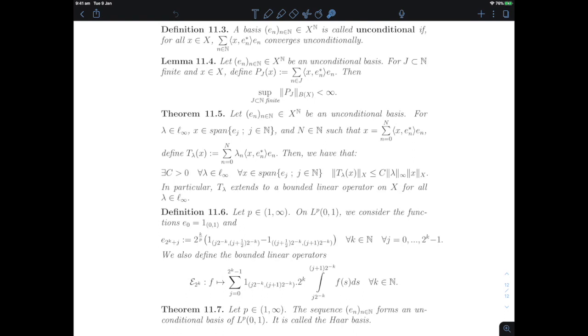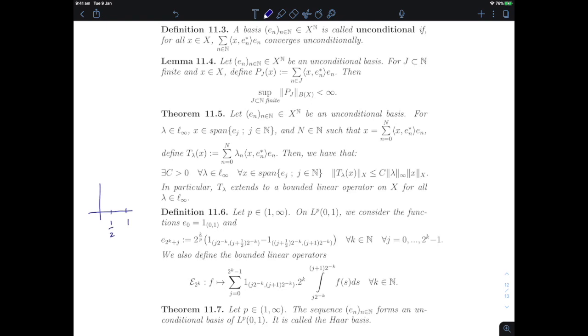The first element, you take the indicator function of all of [0, 1]. And after that, you take this weighted difference of indicator functions. So the simplest thing to do here is to draw a little picture. Here is what this basis looks like. So for the first element, E1, you take your interval [0, 1] and you split it in half, 0 to 1/2 and 1/2 to 1.